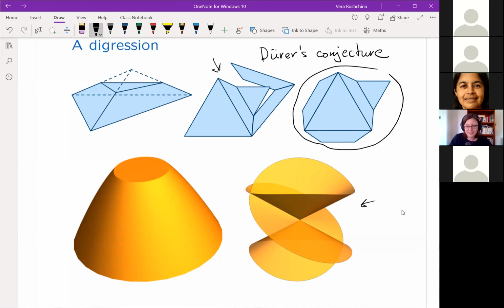It's related to the Lax conjecture, and this one is related to bodies of minimal resistance. So this is actually Newton's solution to a problem of minimal resistance.